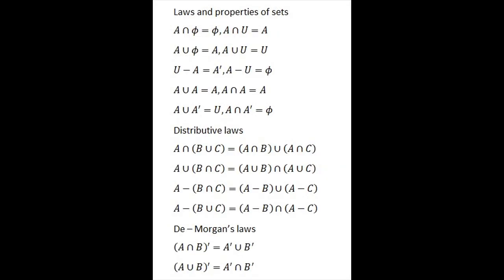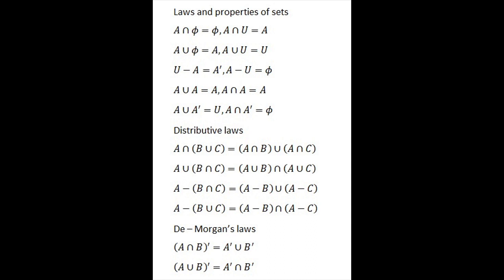Now we present some laws and properties of sets. Some schools use properties to prove it; for those students it is necessary. Some schools use Venn diagrams to prove it; for those people it is not at all necessary. However, you just learn this. A intersection null set is the null set itself. A union null set is A itself.